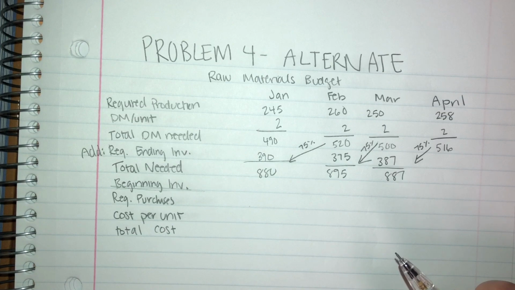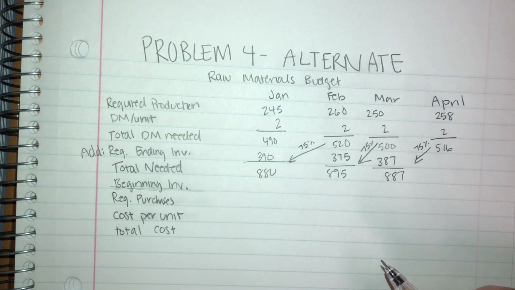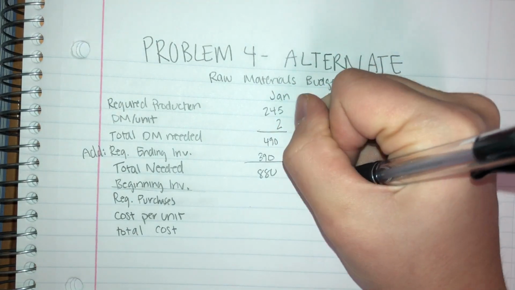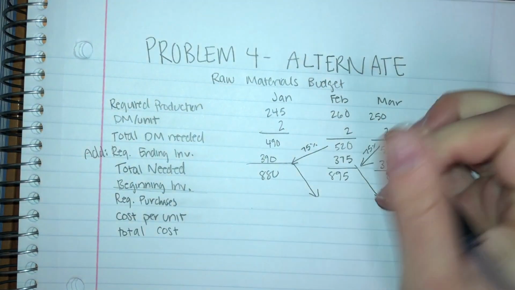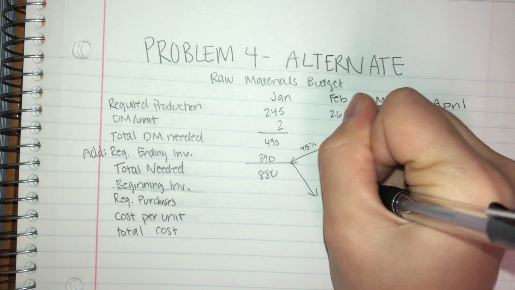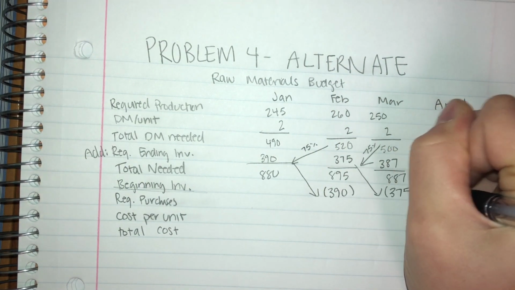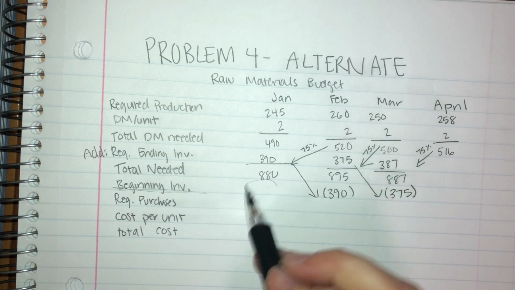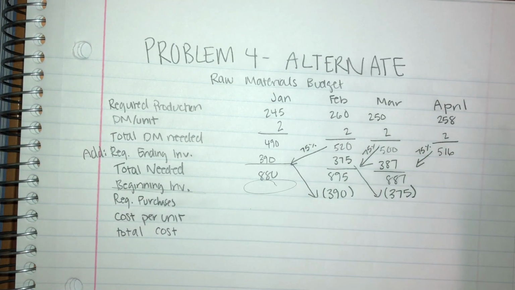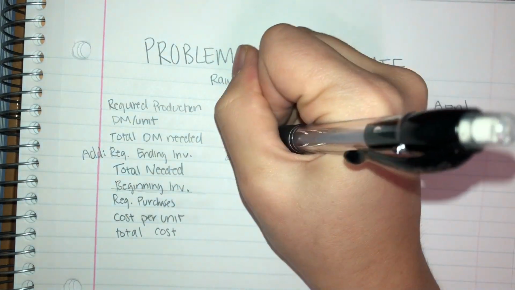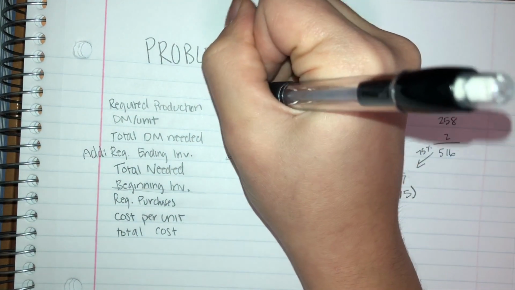So what's my beginning inventory? It's last month's ending inventory. So we're going to pull these arrows back down like so. And so that would be 390 here and 375. Okay, and we have a problem. We don't have January. So how do we do that? We make a little ghost month. So we have 75%, so this would be in December.